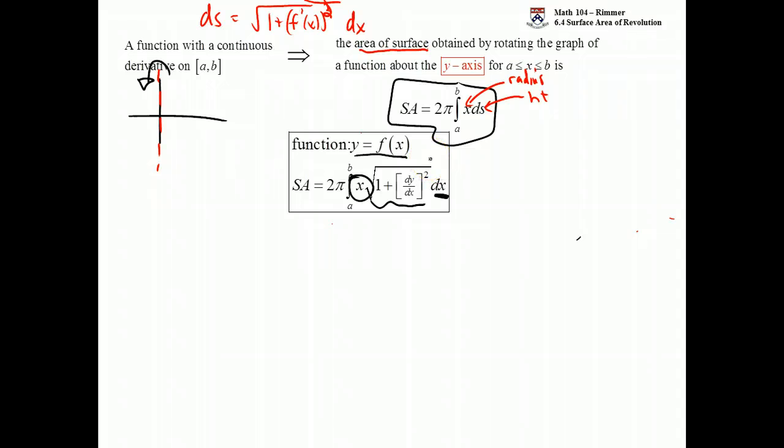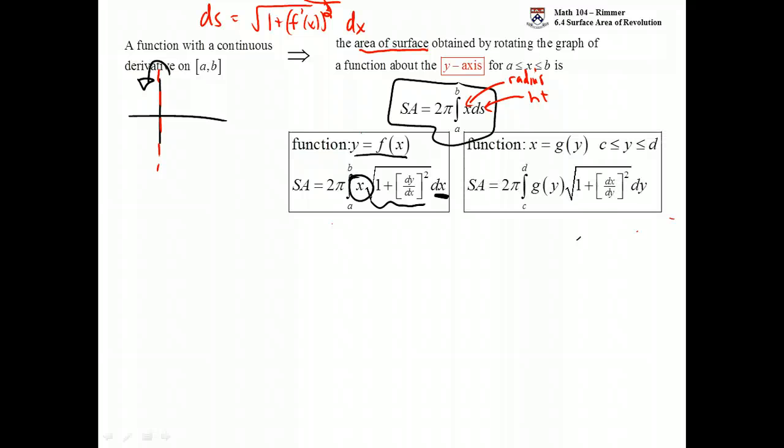Now say things are for some strange reason turned on their side. Then we can't put an x in here. Say we want to do things in terms of y. I have y between some c and d. So there are two technicalities we have to deal with.